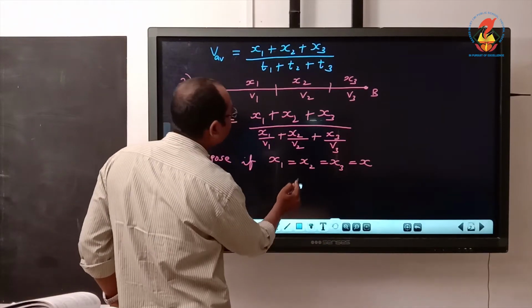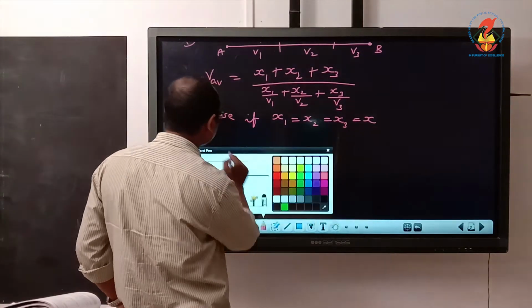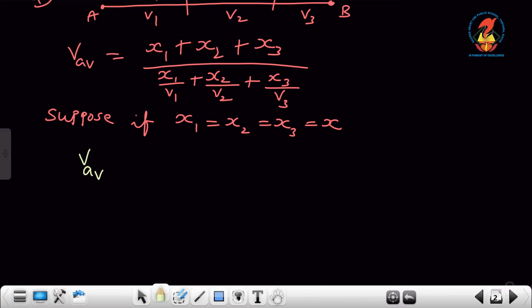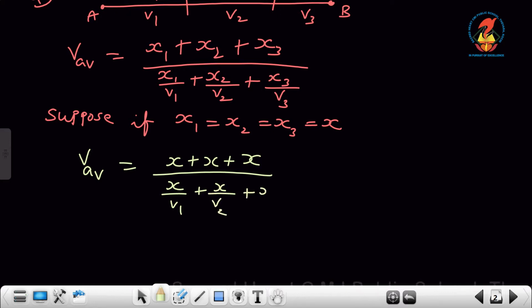Let us see. V average is equal to x plus x plus x divided by x by v1, x by v2, x by v3.